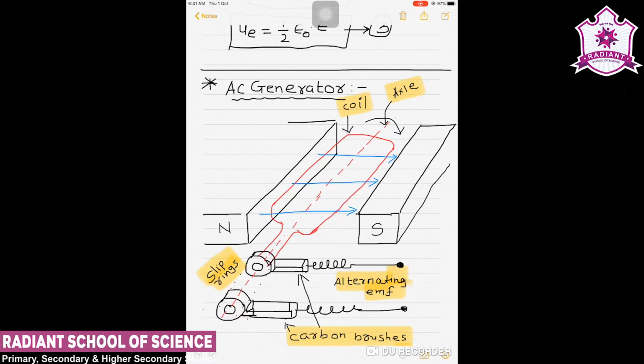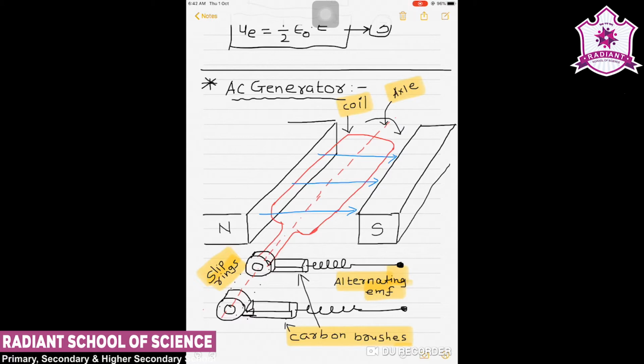Now we know that one method to induce an EMF or current in a loop is through a change in the loop's orientation or change in its effective area. Suppose, as shown in the figure, there is a red colour coil or loop.